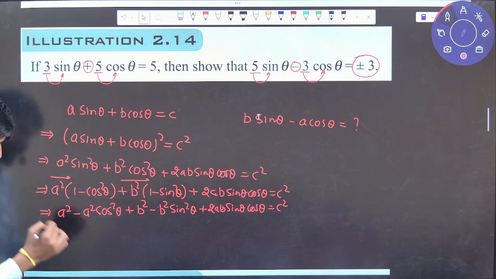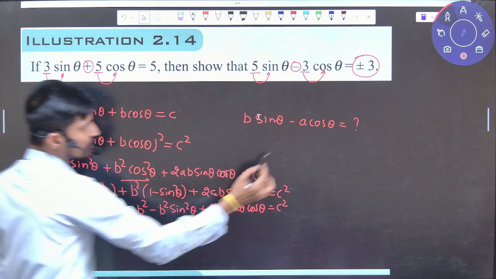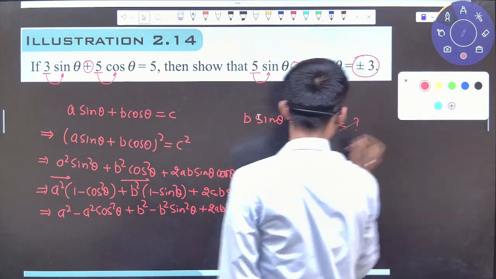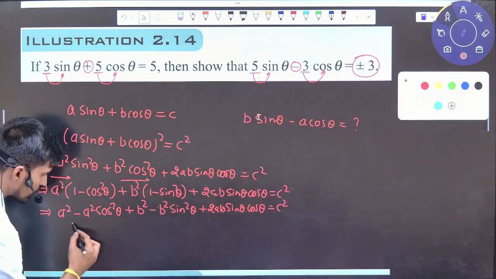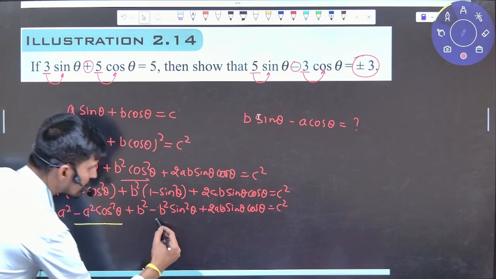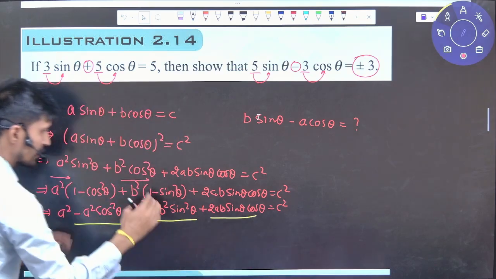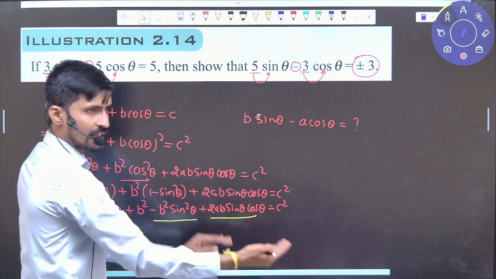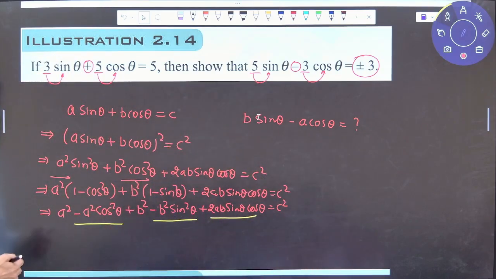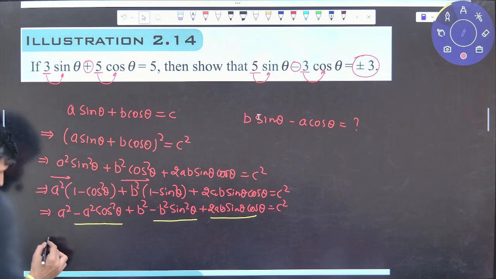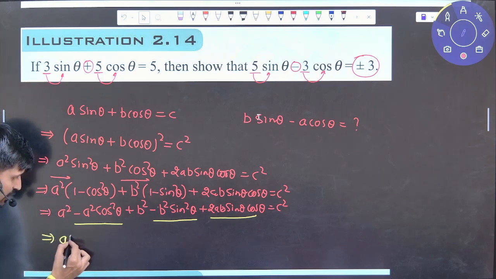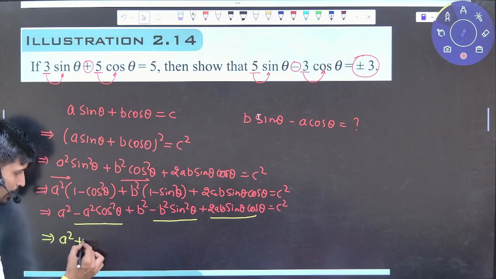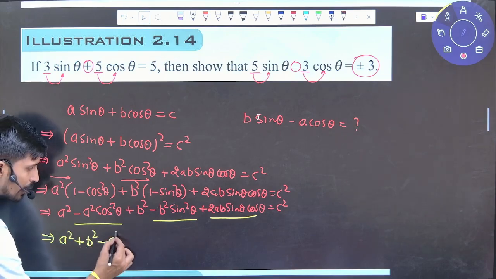Okay, so what will I do, this part, the yellow color visible, this part, and this part. These all three things I will take to that side. And c square I will bring to this side. So one magic will happen. What will happen? See, a square will be here, plus b square will be here, minus c square.